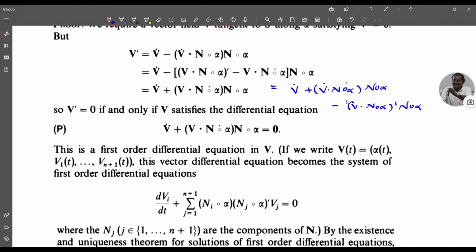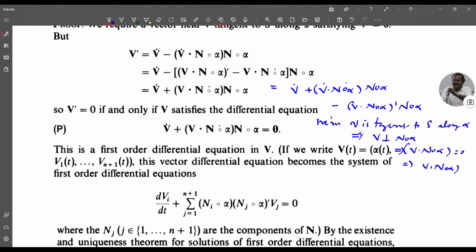And you know that V is tangent to S along alpha. So this implies V is orthogonal to n composition alpha. So V dot n composition alpha is 0, so its derivative (V dot n composition alpha) prime is equal to 0.